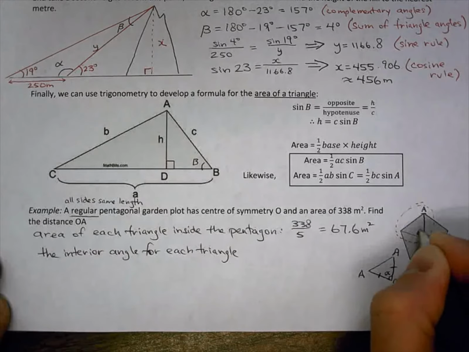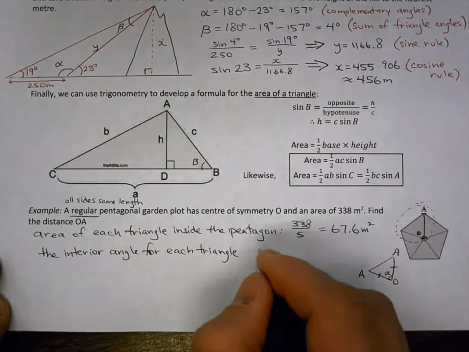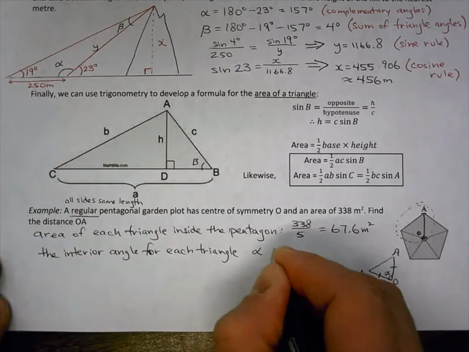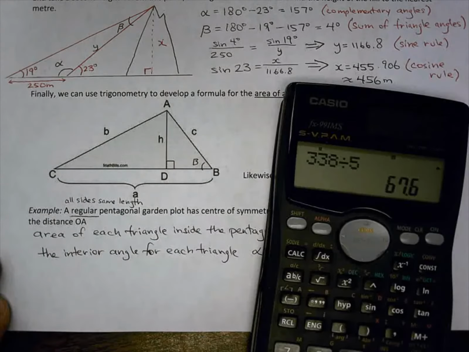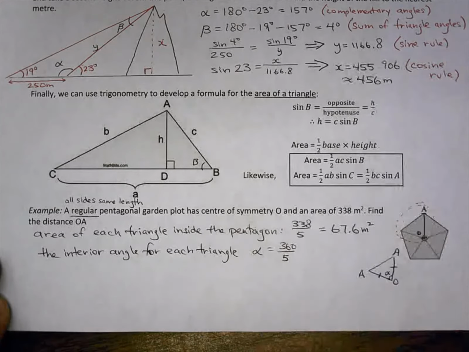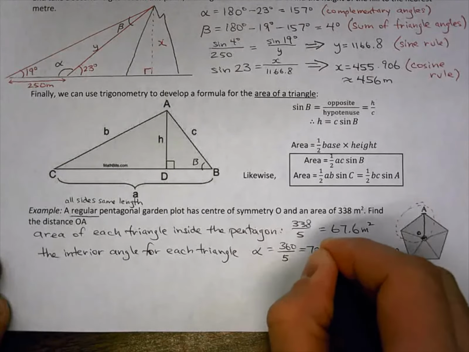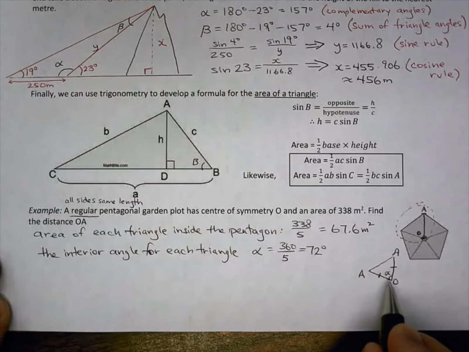Well, this would be 360 degrees all the way around, so your angle for one of these triangles is 360 degrees divided by 5, which is 72 degrees. So now I know that this is 72 degrees.